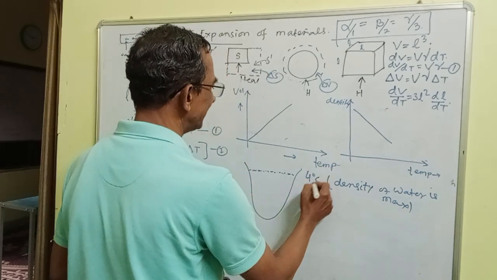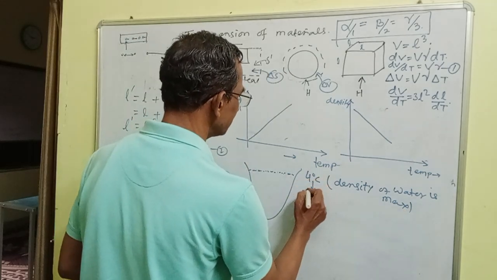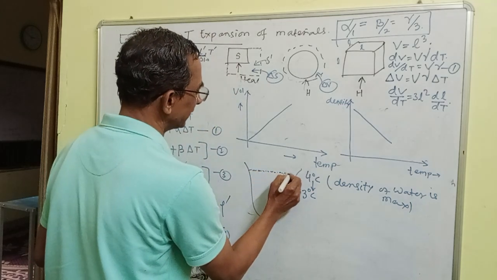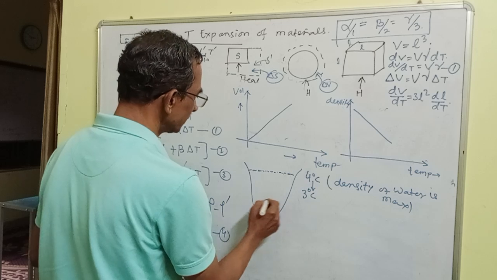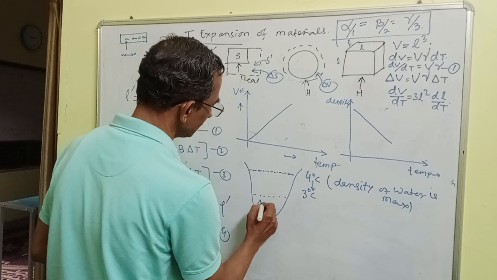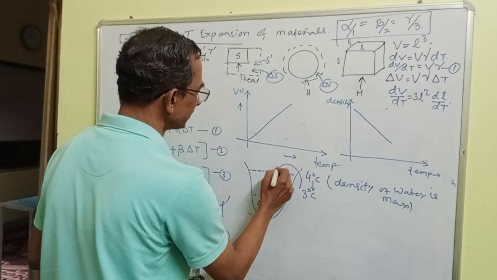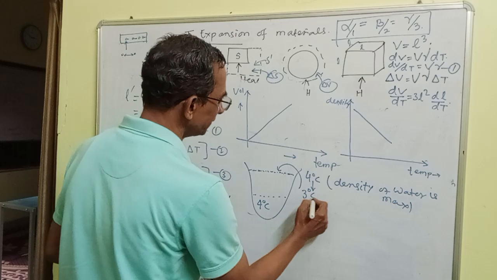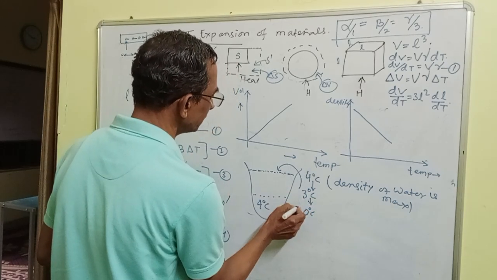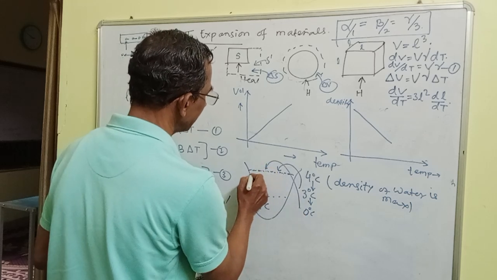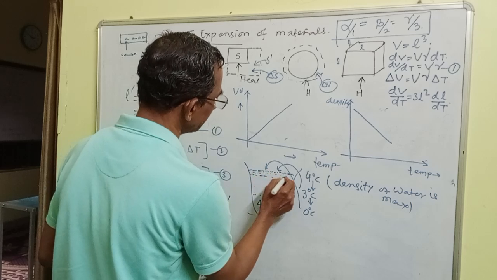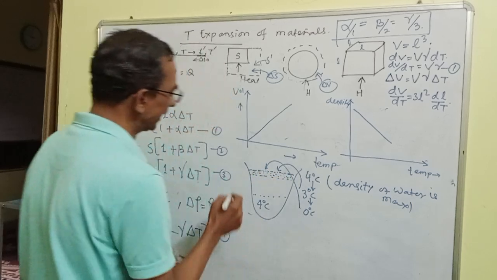Now, if the temperature decreased further and it became 3 degrees, then the water which was at 4 degrees centigrade earlier will remain at the bottom of this lake, whereas at the surface it will become 3 degrees. Then if it further decreases, it becomes 0 degrees at the surface, and there will be a change of state from water to ice.